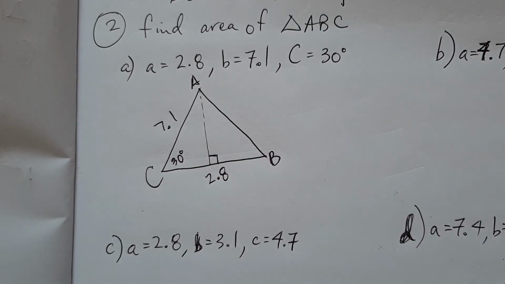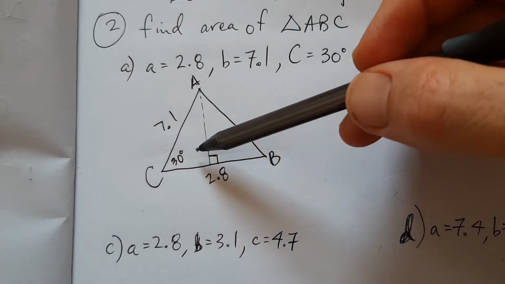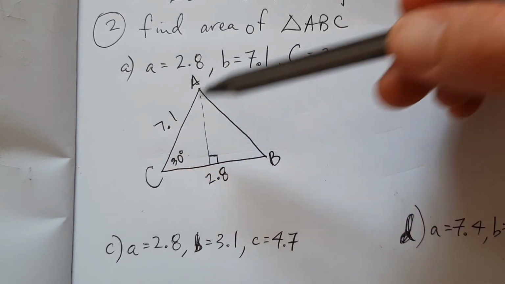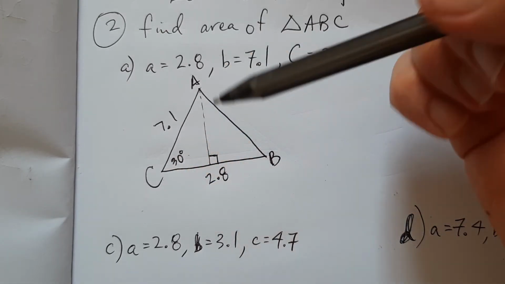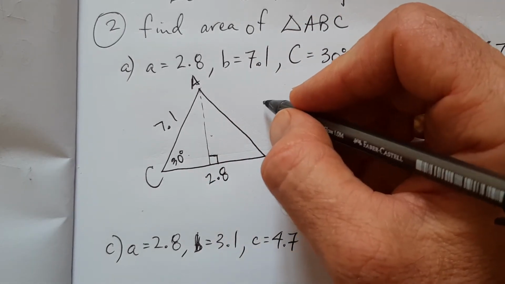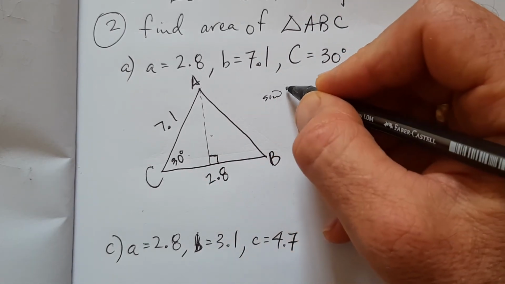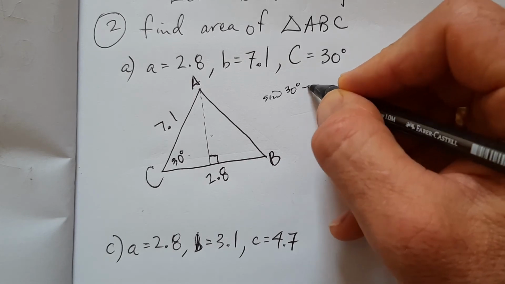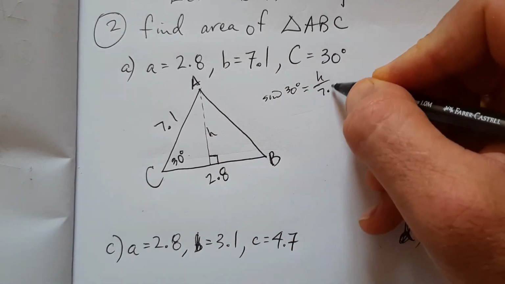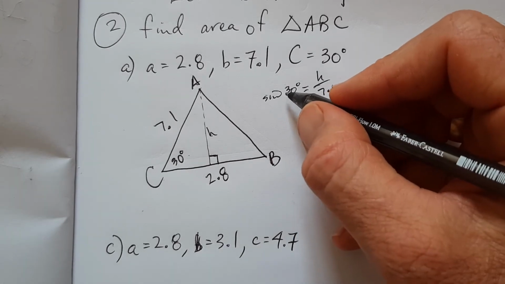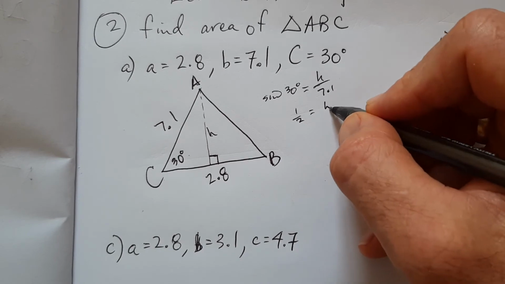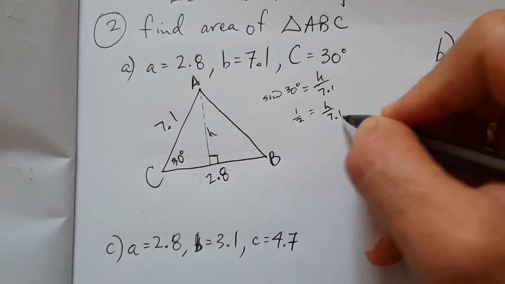Pause it and go ahead and find it. Remember, the sine of 30 degrees equals h over 7.1. And sine of 30 is half. Half equals h over 7.1.